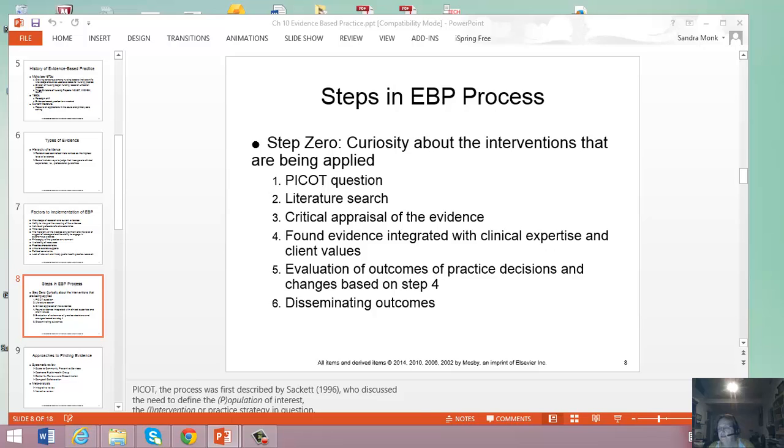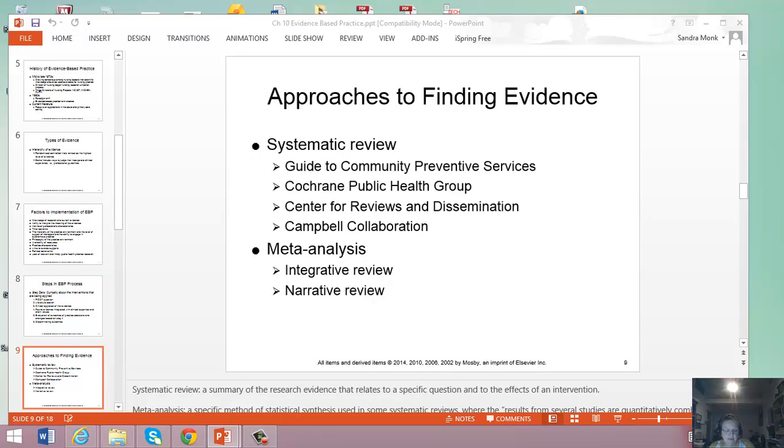Okay, approaches to finding evidence: a systematic review, Guides to Community Preventive Services, access to the Cochrane Public Health Group, Center for Reviews and Dissemination, Campbell Collaboration. It's a summary of research evidence that relates to specific questions and to the effect of an intervention.